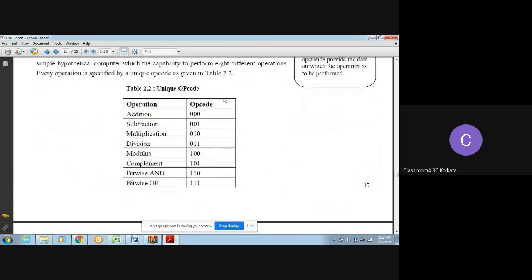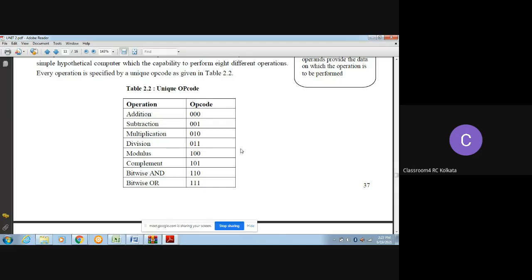So obviously there are some opcodes. Opcode means some operation. There are various types of operation. One is your addition, subtraction, multiplication, division, modulus, etc. What is bitwise AND and bitwise OR? AND logic means, suppose I have two inputs. One is A, another is B. Suppose A is your 0 and B is your 1.